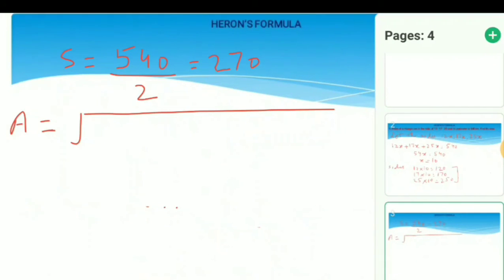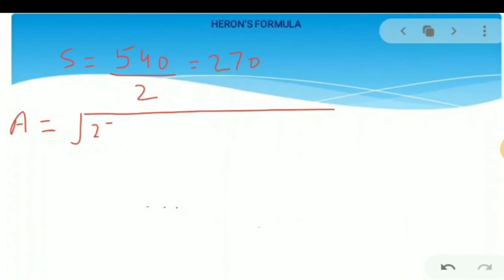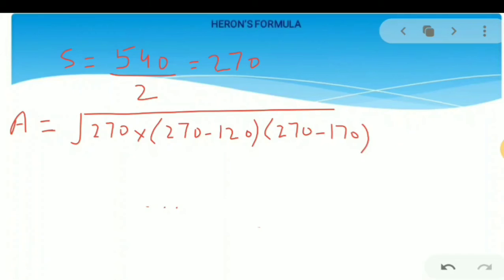So Heron's formula: S minus A, so 270 minus 120; S minus B, so 270 minus 170; and S minus C, so 270 minus 250.